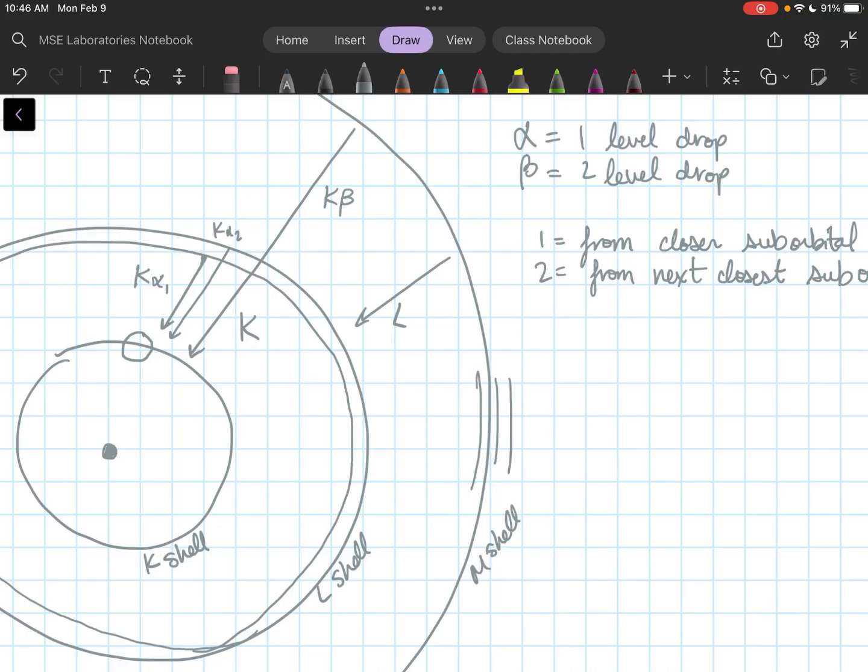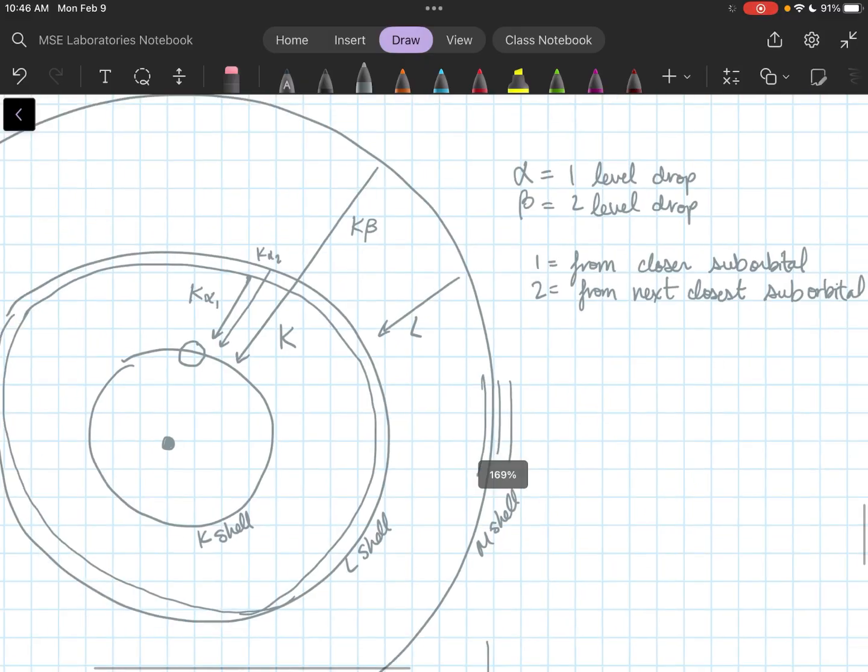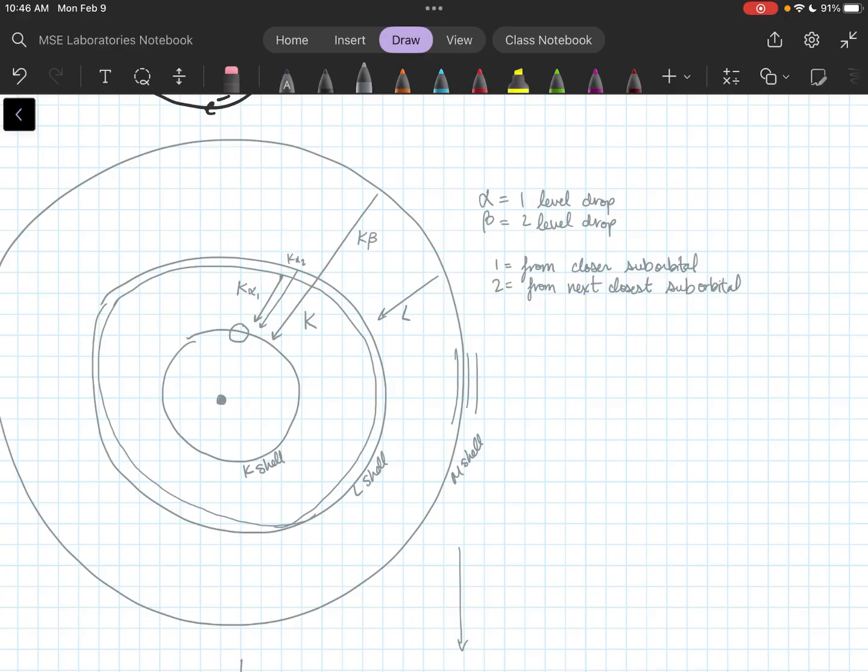Actually, I don't know if you could get an L beta. Yeah, you could technically get an L beta if you have a big enough atom. It's unusual, but technically possible. And then if anything drops to your third shell, that's M shell. Again, this is only going to happen in really big atoms that have 4 or more shells.